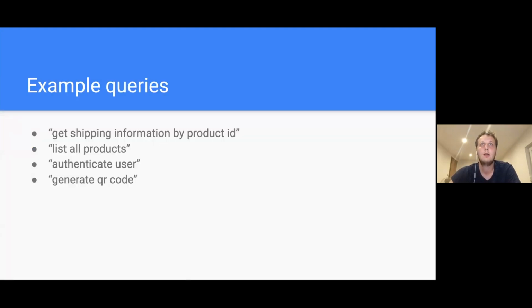And here I listed some example queries a new developer could potentially enter. So if you're a new developer and you're working on a product that's using shipping or products or authenticating user or generating QR code, so you don't exactly know how the authentication is implemented.